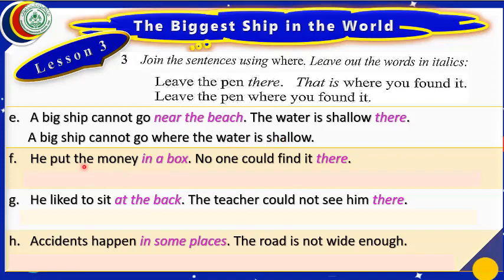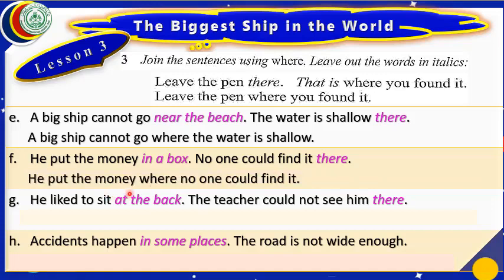We shall apply the same rule on F part also. Then the answer will become, he put the money where no one could find it. Let us move to the next part. He liked to sit where the teacher could not see him.